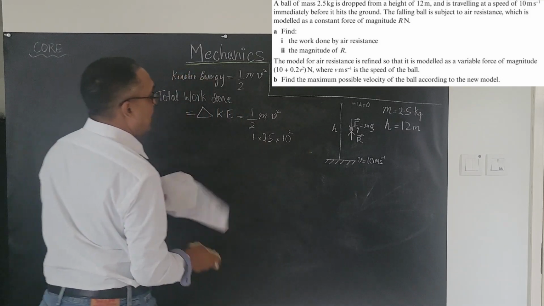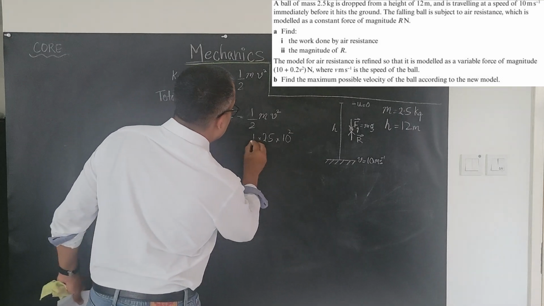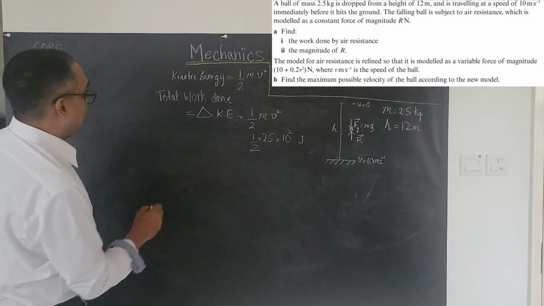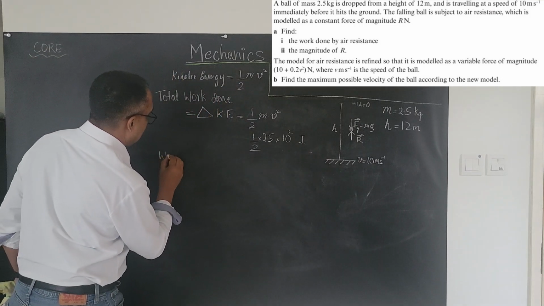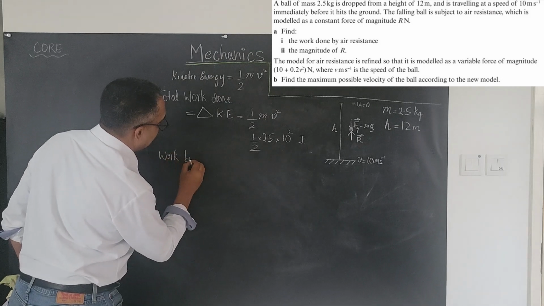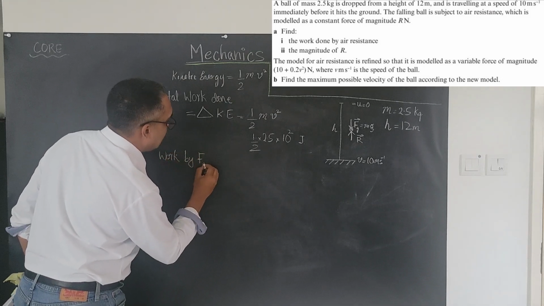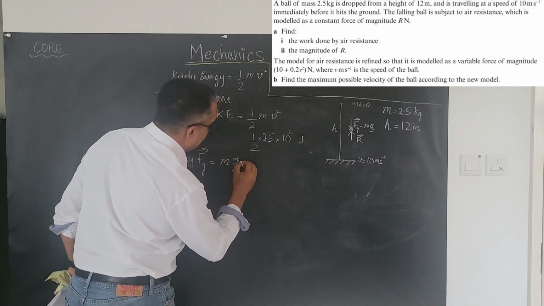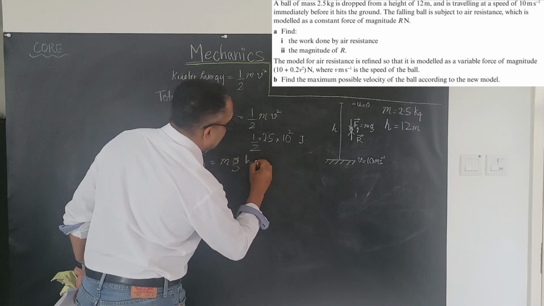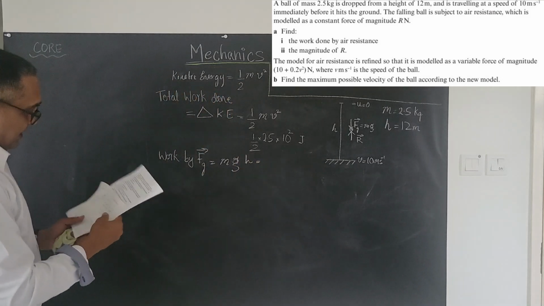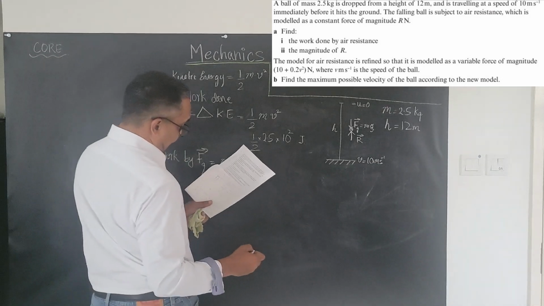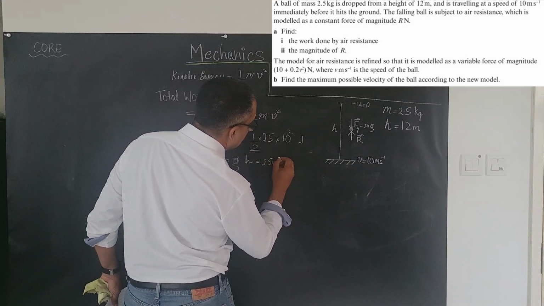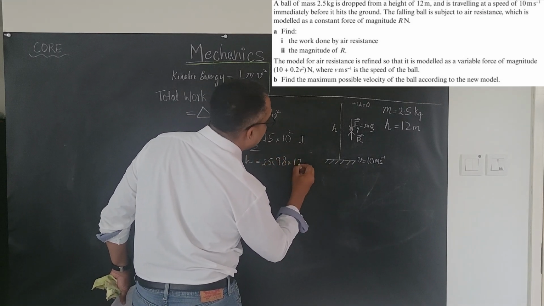So that's total work done, 1/2 mv squared, in joules, and I'm going to say work done by Fg is equal to mgh, and that's equal to 2.5 times 9.8 times 12.